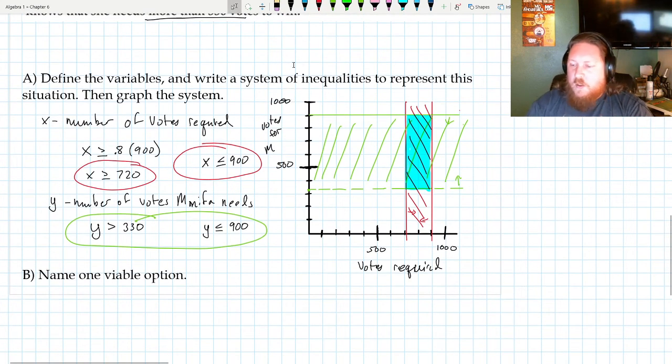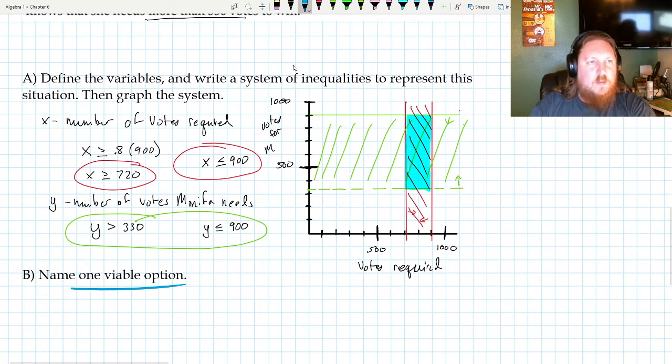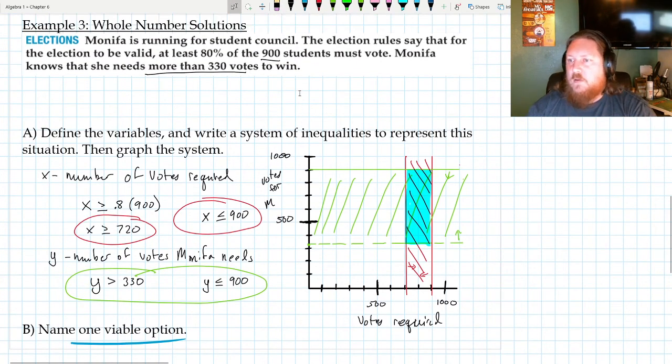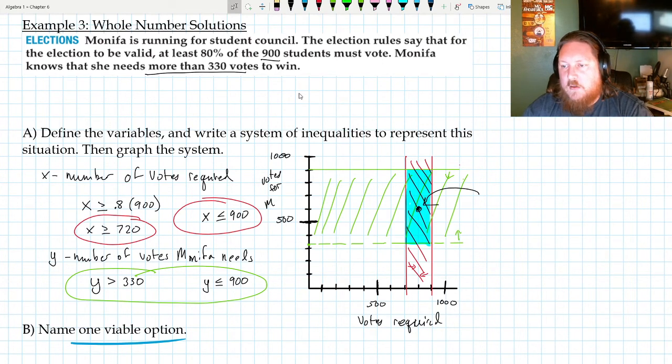Now we're going to look at one viable option. Viable means that it works. So all I need to do is identify a point inside of this region that is a solution. So how about this point? What value is that? That would be 800 of the required votes and 600 votes for Monica.